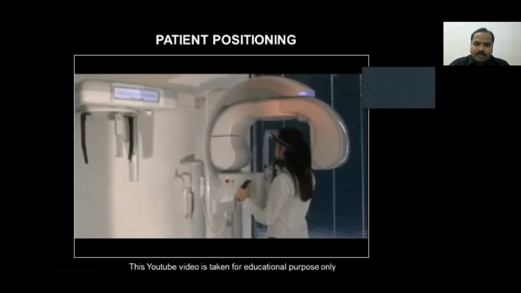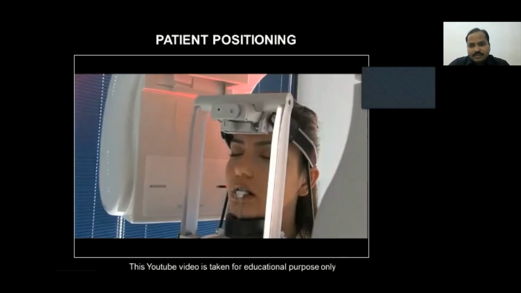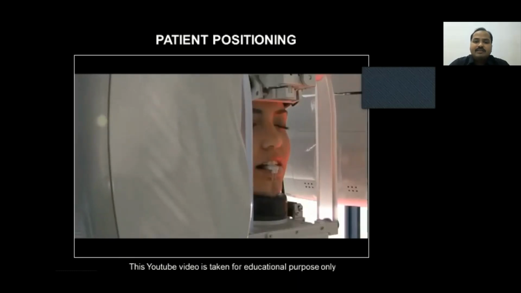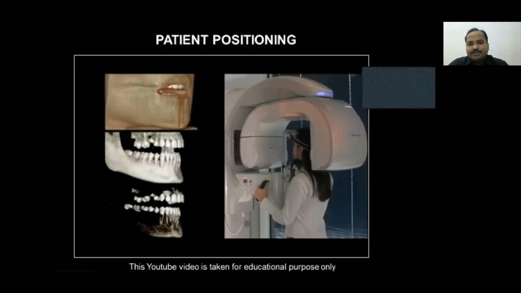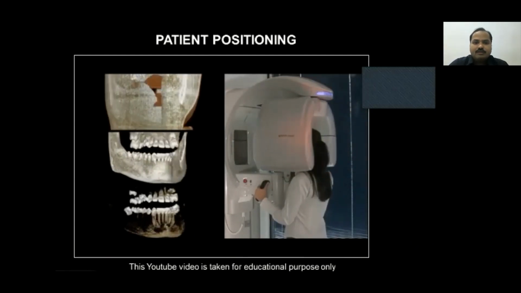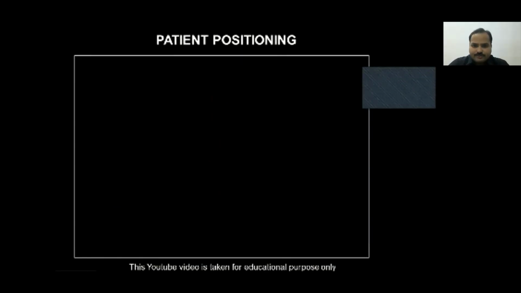In these two parts of the machine, one part will have the detector, and the other will have the X-ray source and the collimator. So these are the basic aspects of your CBCT machine and the patient positioning, where the data acquired will be seen on the computer screen after its reconstruction.